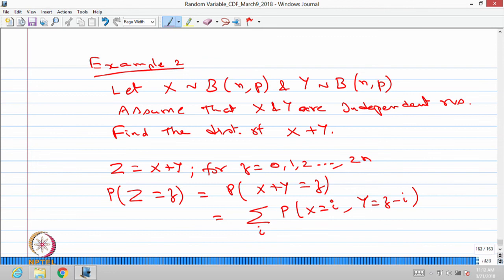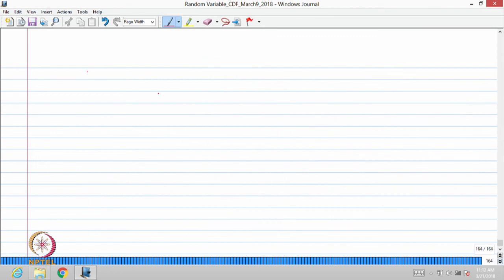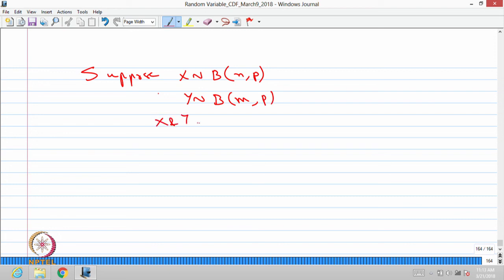Let me write. Suppose x is binomial distributed with n comma p and y is binomial distributed with some other parameters m comma p, and again I am making the assumption both the random variables are independent.